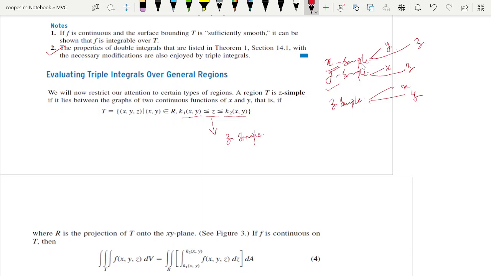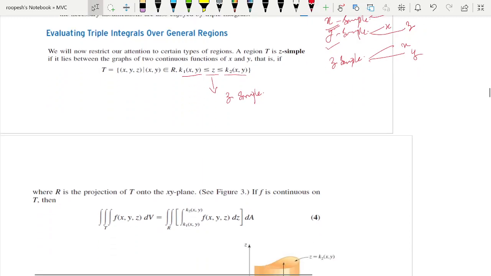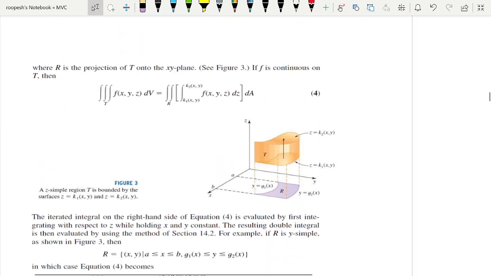So this is a z-simple region, where R is the projection of T onto the xy plane. This is your T, and the projection is coming like this, this R. Then we have to find the triple integral over this solid region of f(x,y,z) dV.